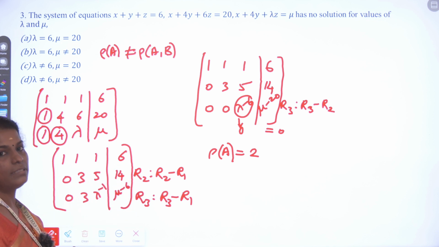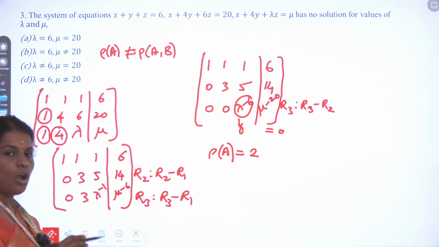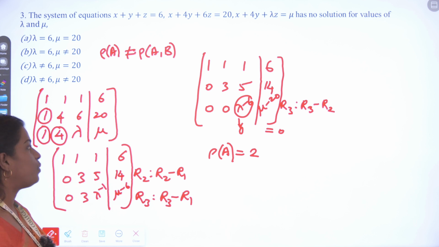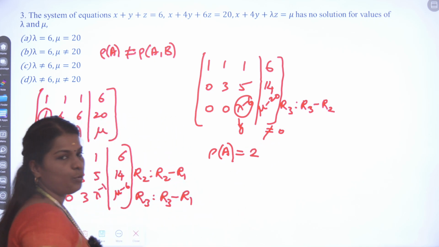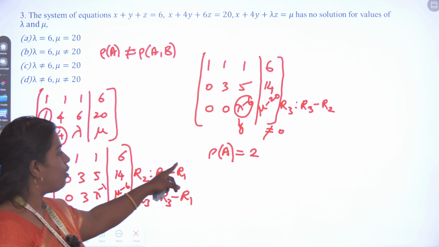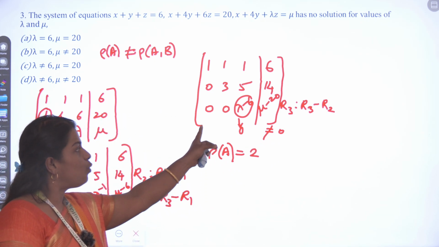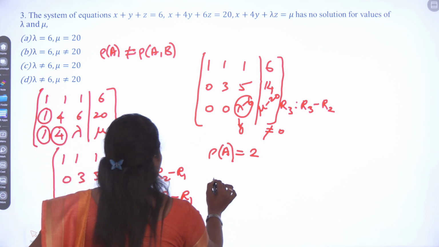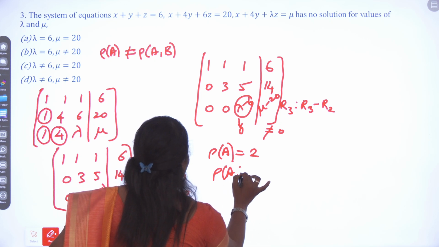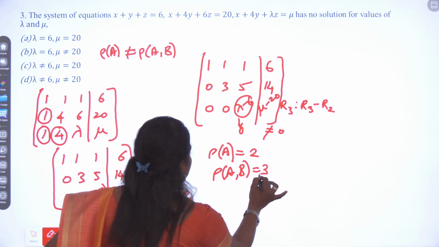But our aim is that rank of AB should not be equal to rank of A. So in that case, this mu minus 20 should not be equal to 0. Only then rank of A is equal to 2, and as this element is non-zero, rank of AB becomes 3.